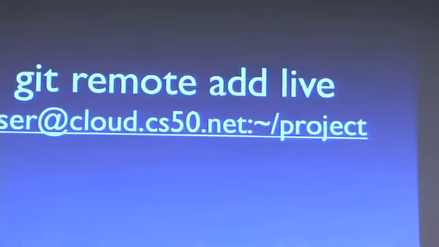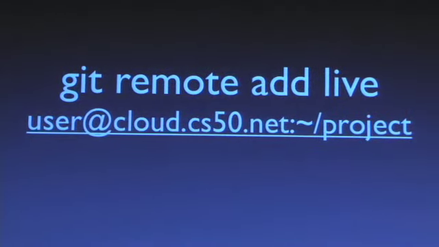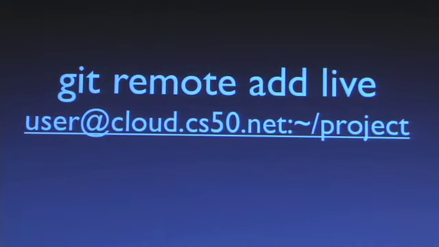So now, when I say git remote add, instead of specifying that Git URL, I'm going to say something like my name at cloud.cs50.net, and then where that repository is located. Keep in mind that you don't just have to have one remote, and in the case of all of the CS50 apps, we have multiple. I could have a remote for my GitHub, where if I say git push github master, that's going to send it to GitHub.